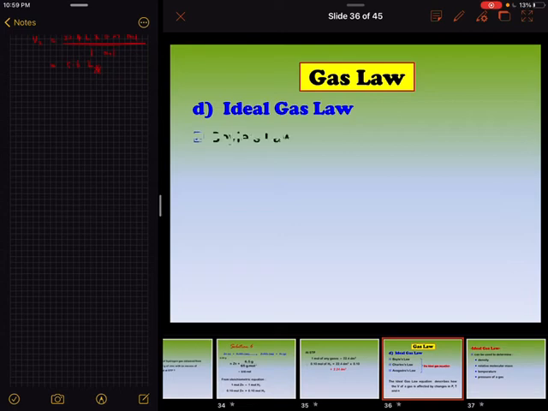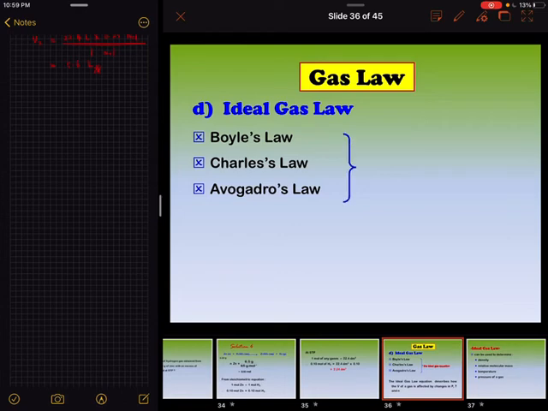Okay, ideal gas law. Alright, now, so the combination between Boyle's law, Charles law and Avogadro's law, okay, kita akan dapat satu lagi gas law, kita panggil sebagai ideal gas equation.